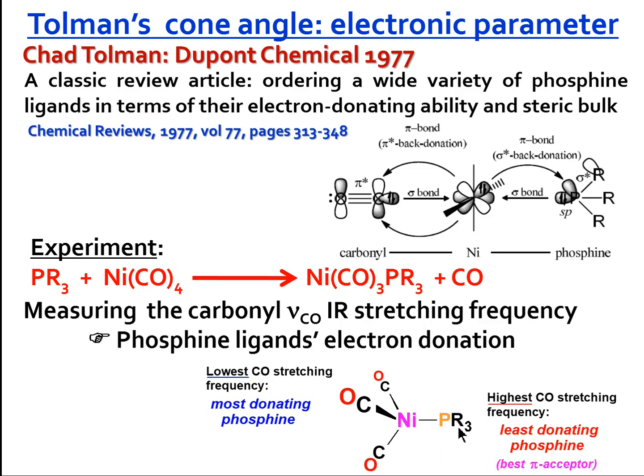As PR3 is a more donor ligand, it will increase the electron density around nickel, and the pi back donation from nickel to CO increases, so nu-CO will decrease. So as the phosphine is more donor, we will observe a lower nu-CO.